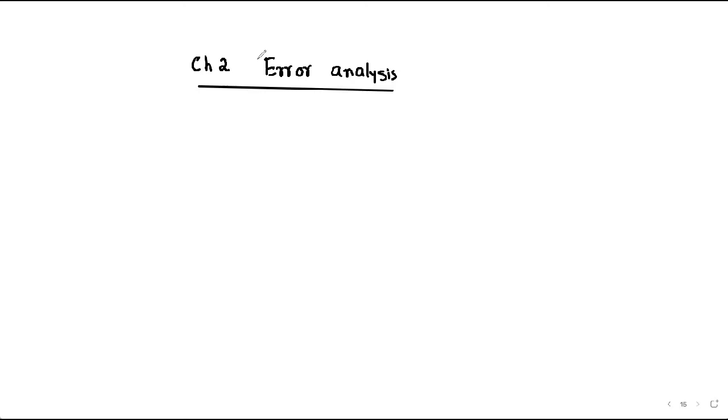Before starting error, let's discuss one more thing that's known as least count. Do you know what is least count? 0.01 centimeter. That is for a particular instrument. What is exactly least count?